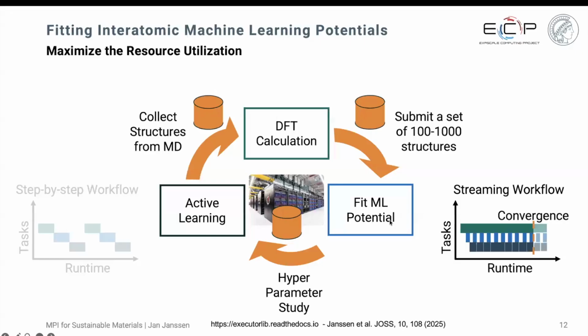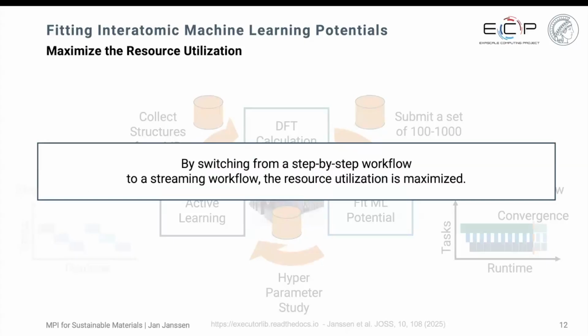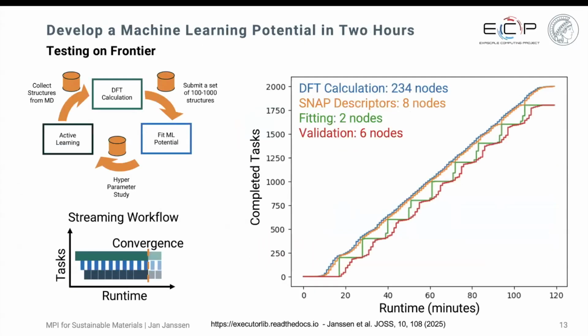We use it to do maybe some kind of hyperparameter study, and then use the first machine learning potential to do the first active learning, way before the full set of calculations is done. Right? So by breaking it down into smaller chunks, we are able to always keep our quantum mechanical calculations, which are the computationally most expensive part, running, and therefore maximize the resource utilization of the compute resources we have available.